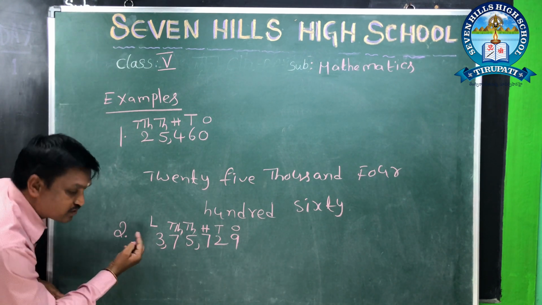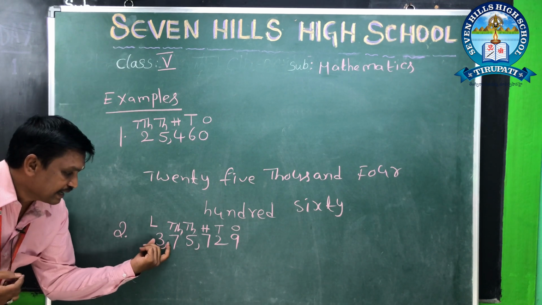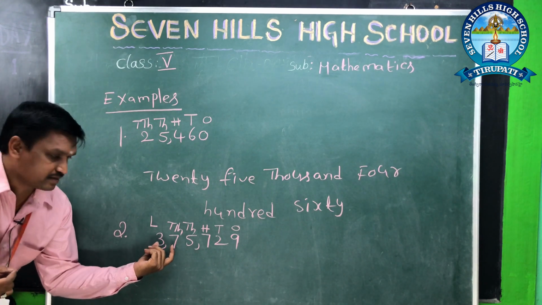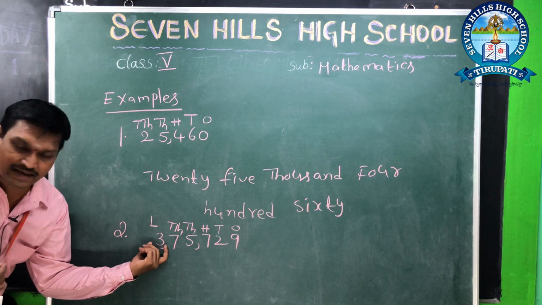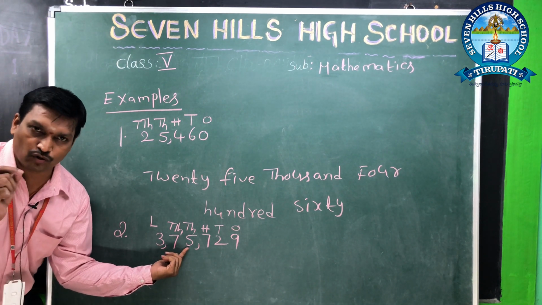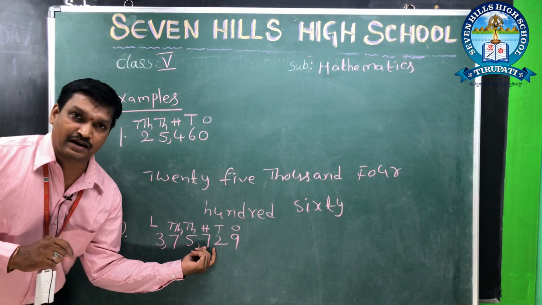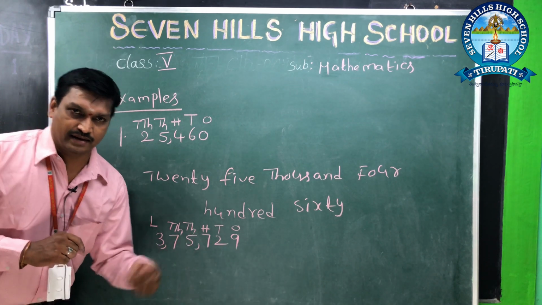First, we will read this: the lakhs position is 3. So that means 3,75,729.